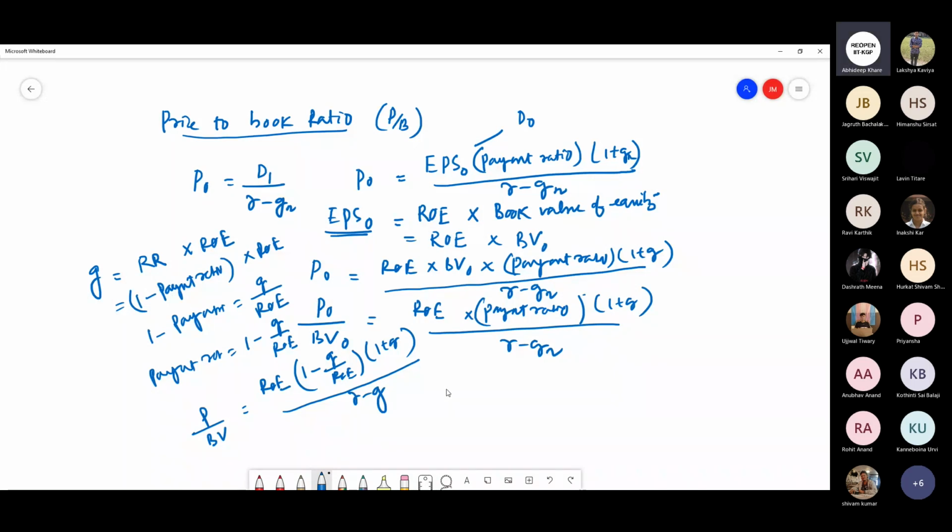Then on this one will be your ROE minus Gn. If we open this, what will it be? Your ROE into 1 minus G by ROE. Will any changes happen here? Will something happen?